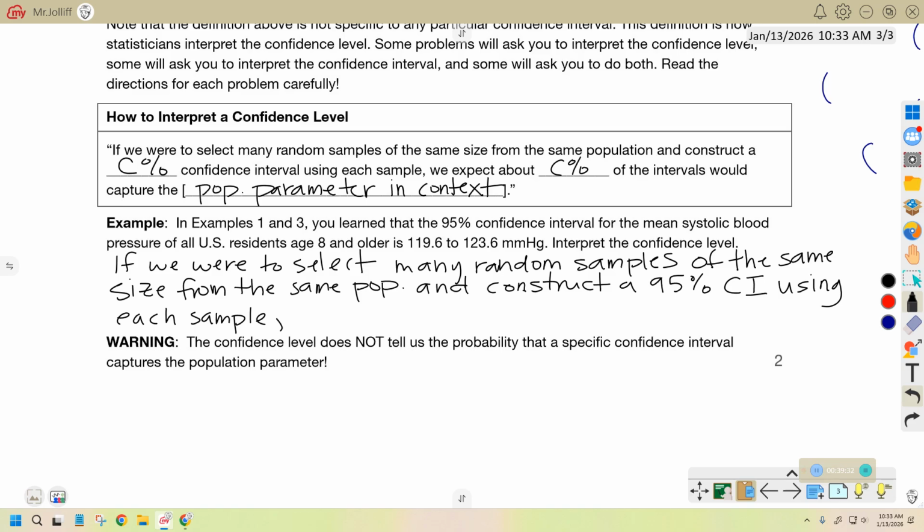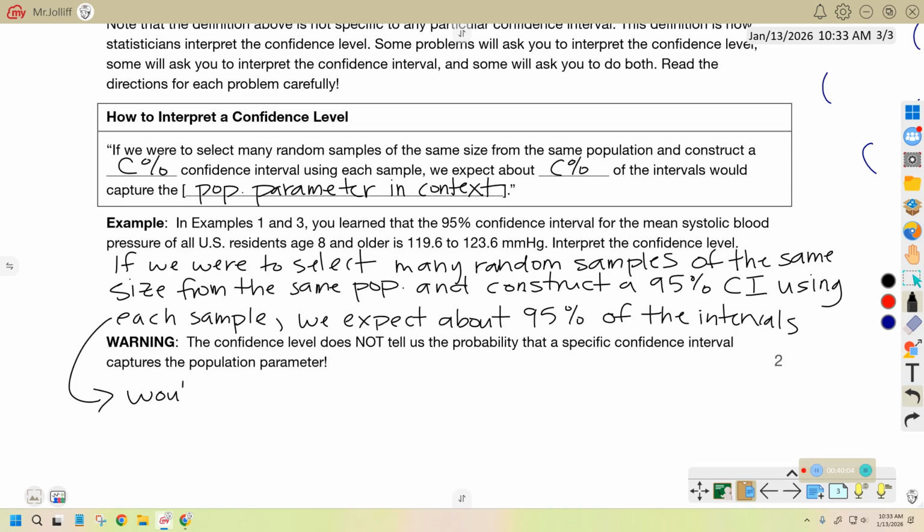And then we keep copying. We expect about, and then what goes in that next blank? 95%, good. 95% of the intervals. And then I continue copying would capture the.